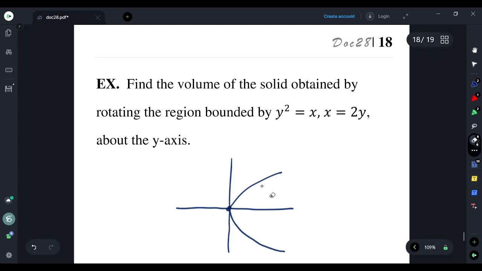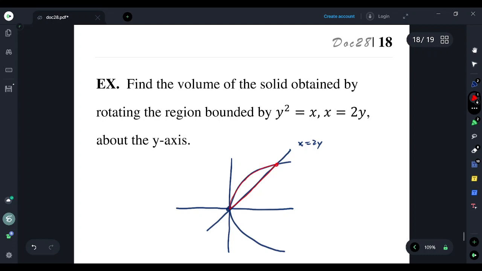Let me draw it better. You can see the region is bounded by the line and the parabola here.